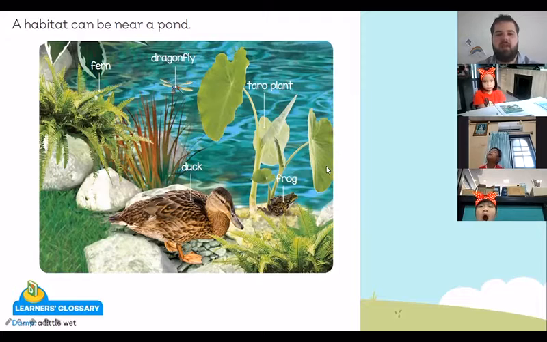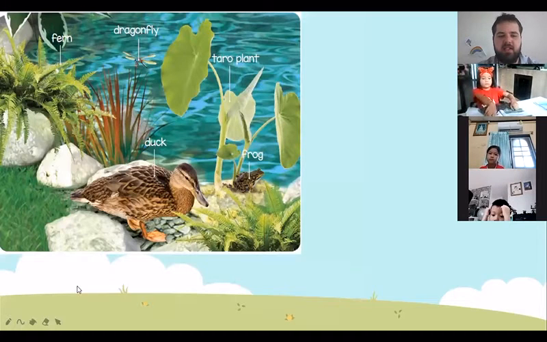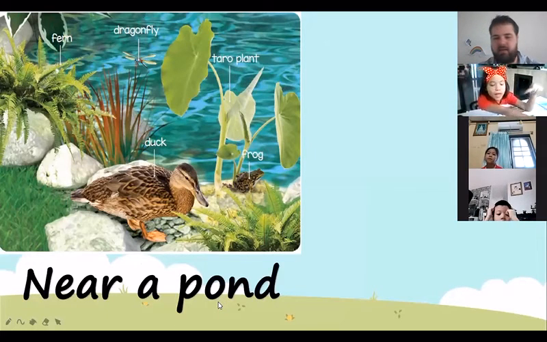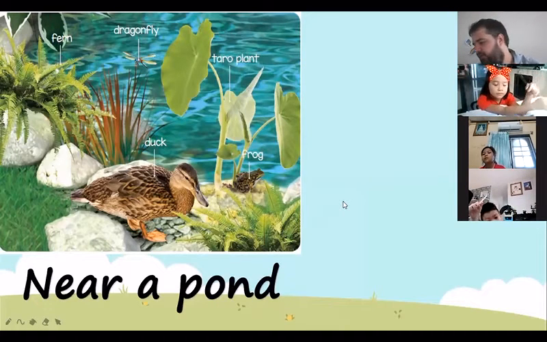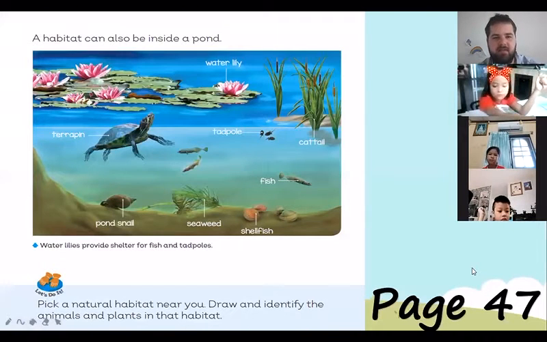Very good. Okay. Now, one more time. This habitat is called near a pond. Near a pond. Very good. Okay, next we're going to go to page 47.